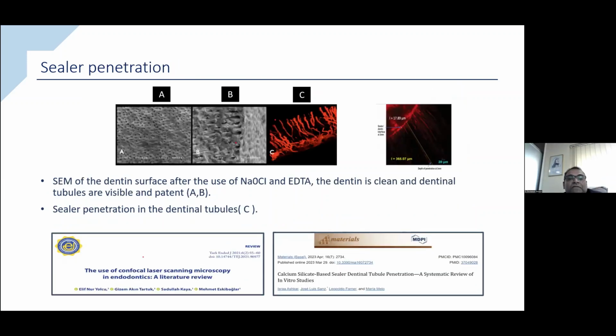Now, in the case of sealer penetration, if you see the SEM of the dentine surface after the use of sodium hypochlorite and EDTA, the dentine surface is clean and the dentinal tubules are visible and patent. Picture C shows the sealer penetration into the dentinal tubules.